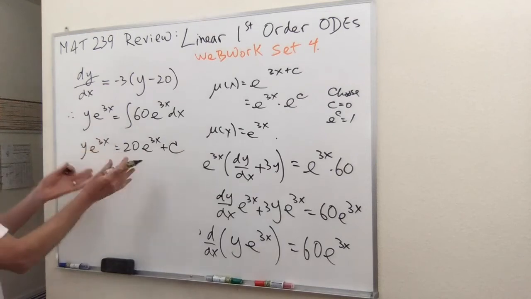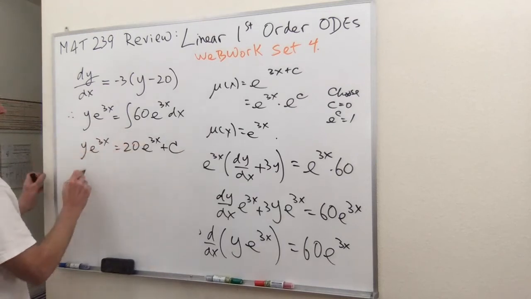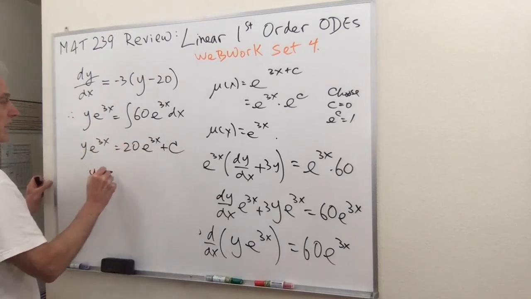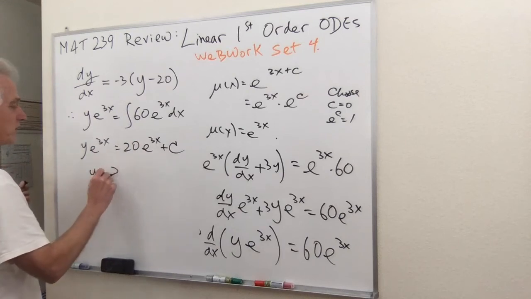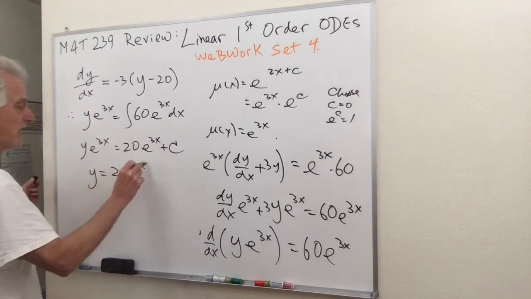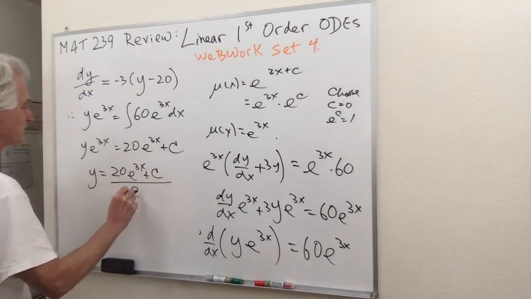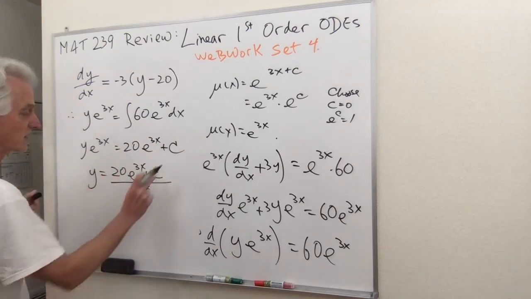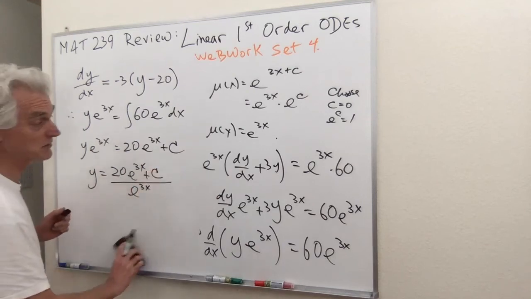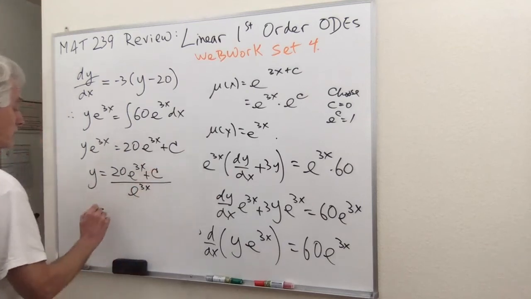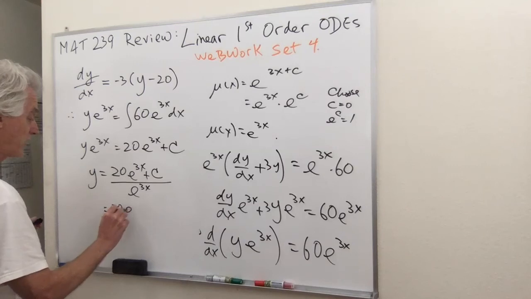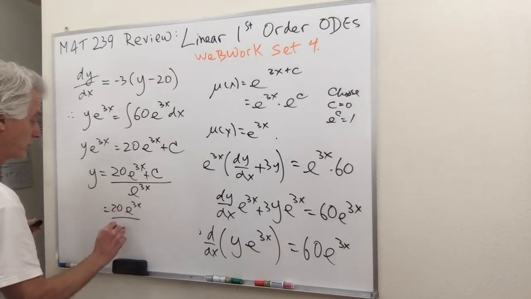Well, I want to solve this for y. So y is, maybe I'll do it in 2 steps, 20 e to the 3x plus c, that whole thing gets divided by e to the 3x, including the c. A lot of times people leave that out. I'll write it out.